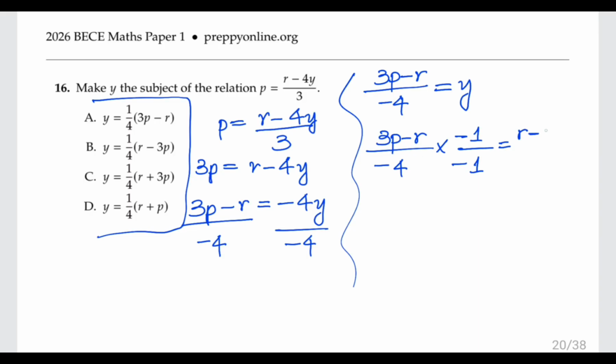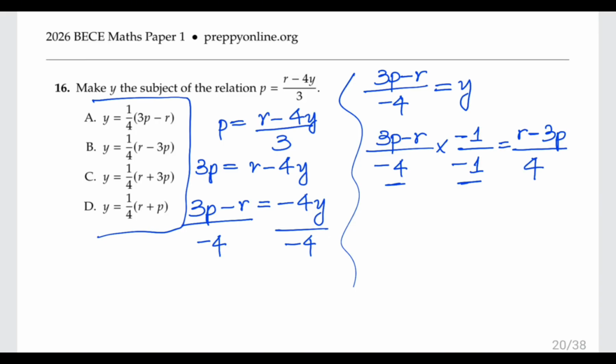r minus 3p. So negative 1 times 3p becomes negative 3p, and negative 1 times negative r becomes positive r. And then for the denominator, we have minus 4 times minus 1. When you take that product, it's just 4.